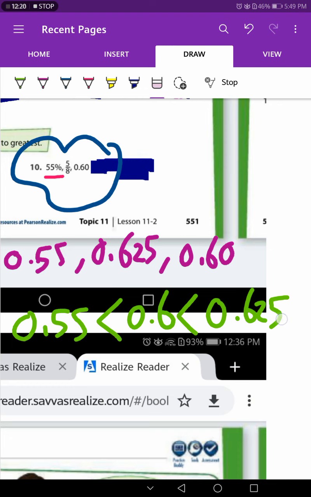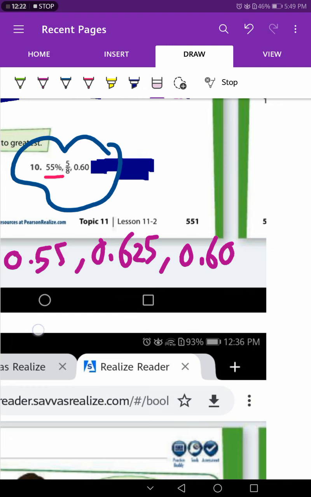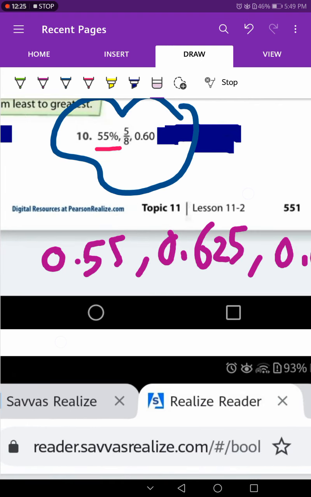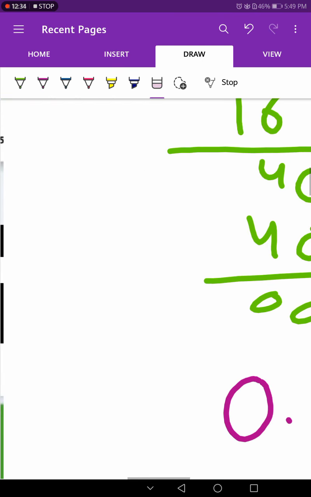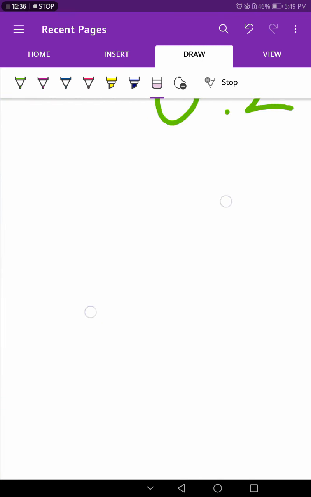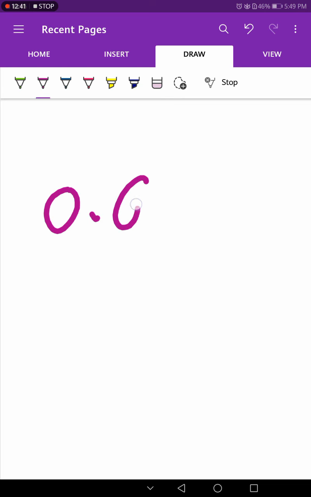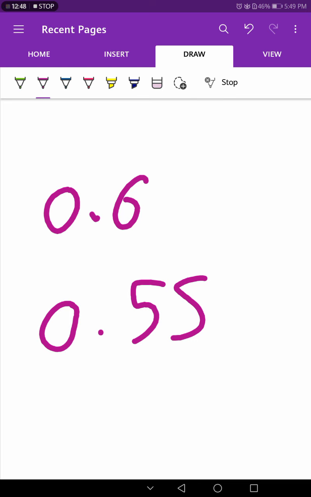Can I say something? If we add 5 to the 0.55, it will be equal to 0.6. Yes, Yaman said if you add 5. What do you have to add? 5 hundredths. Listen to me carefully. He said the difference between 0.6 and 0.55 is only 5.